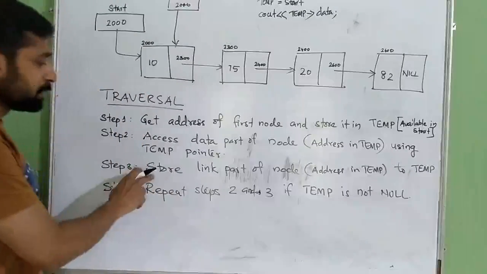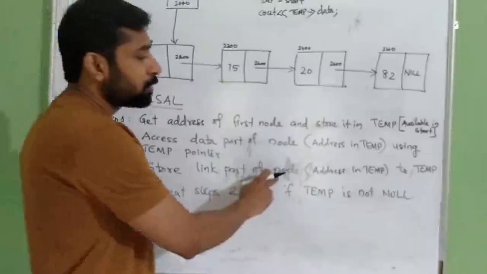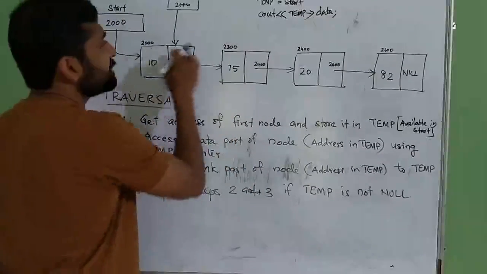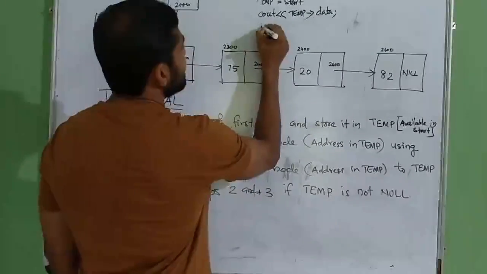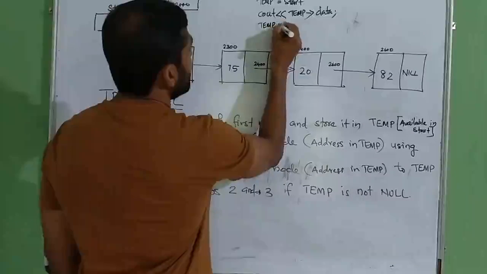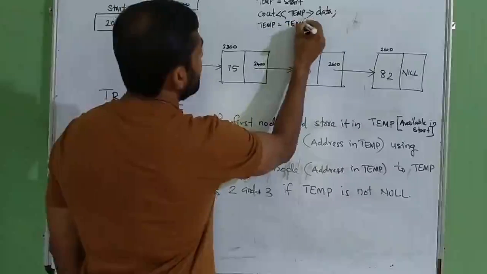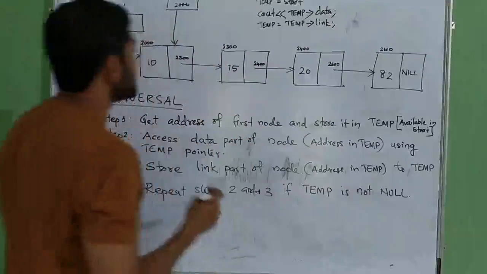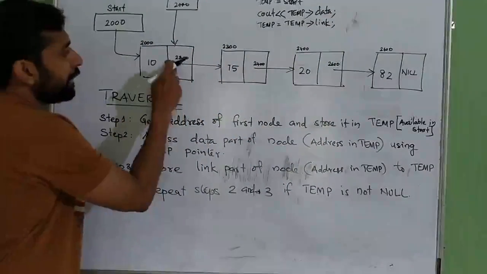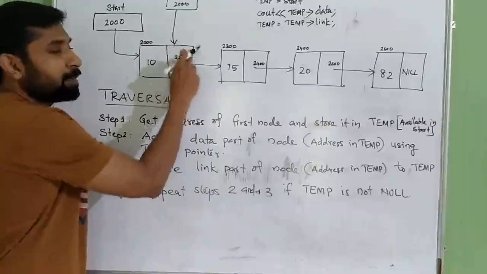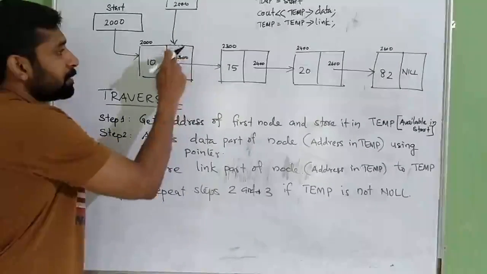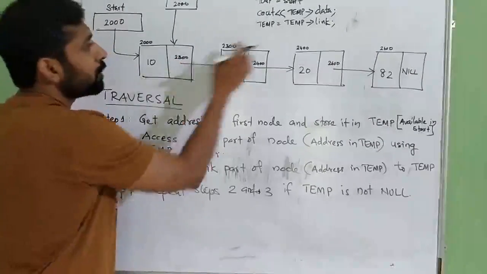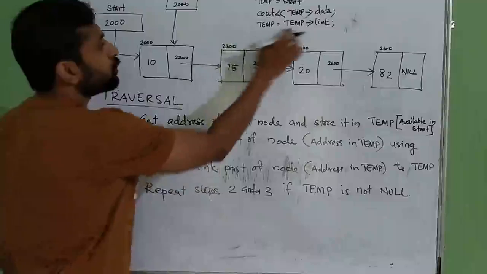Then what is the next step? Store the link part of the node to temp. How can we do that? The current node is this. We can write a statement like this: temp equal to temp arrow link. So what happens? Temp arrow link is the link part of this current node. We want to store that 2300 to this temp.